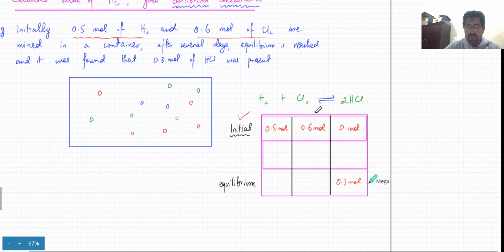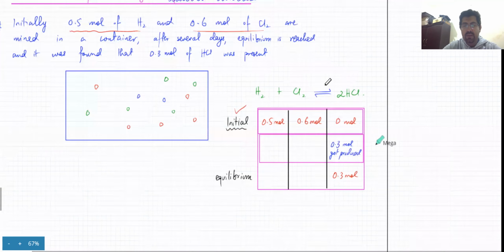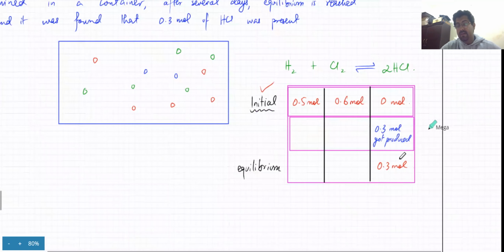Now observe carefully what's happening. Look at HCl. Initially, there was no HCl, but after several days, there's 0.3 moles of HCl. So that means that 0.3 moles of HCl got produced in the reaction. There's no other way: all of a sudden you had 0.3 moles of HCl at equilibrium, so a reaction must have happened and H2 and Cl2 must have reacted together to produce HCl.